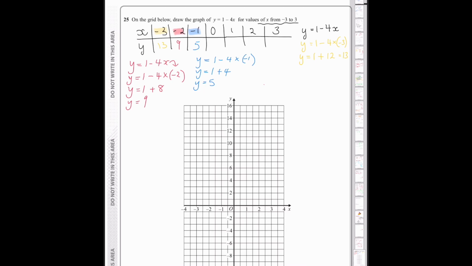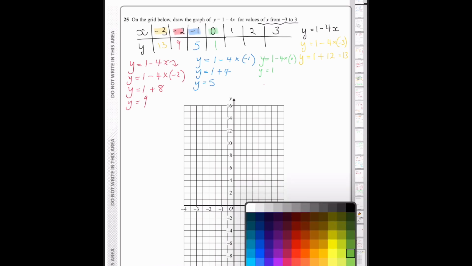Let's choose a different colour, green. So now we are going to put 0 into our equation. y equals 1 minus 4 times 0. Well, y equals 1. So minus 4 times 0 is 0. So it'll just be 1. Okay.